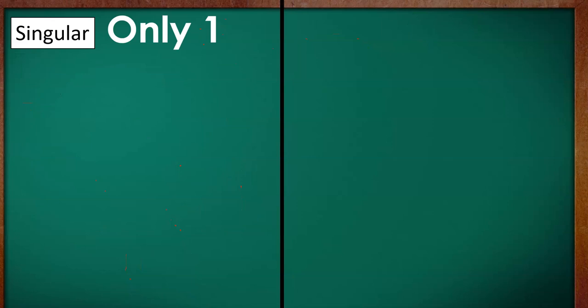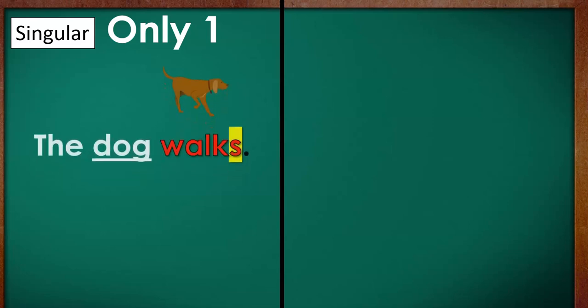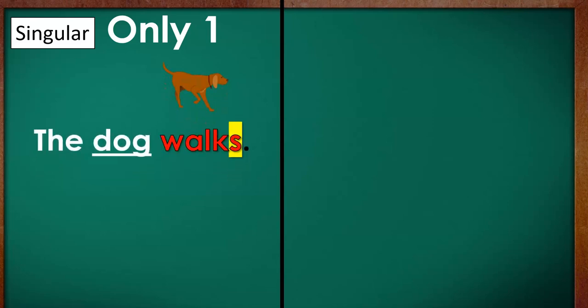This is the special rule you need to remember. Something that is singular is only one. So, the dog walks. Here, my noun, my subject, is only one. It's only one dog. So, when the subject is singular, when it's only one, then I need to add an S to my verb.